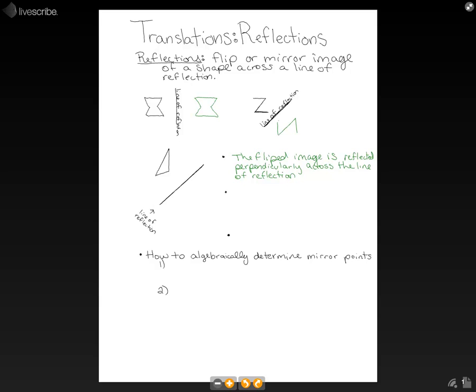So that means it's reflected straight across. So if you have a line that is connecting the mirror points, it will be perpendicular to the line of reflection.